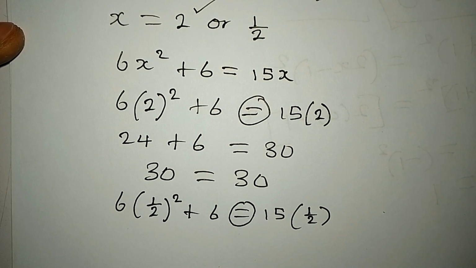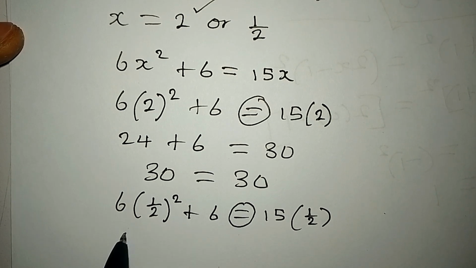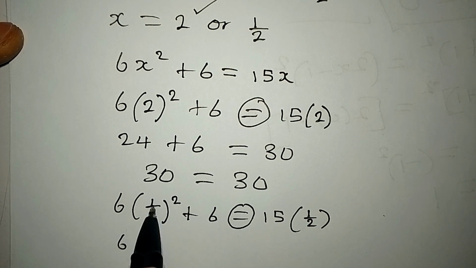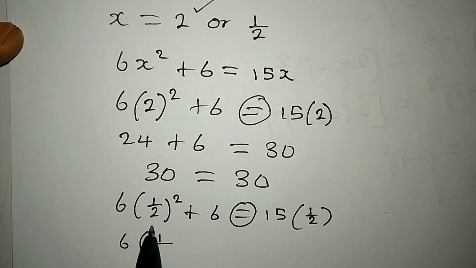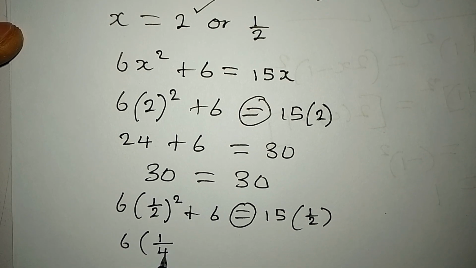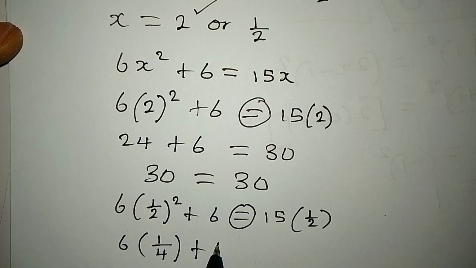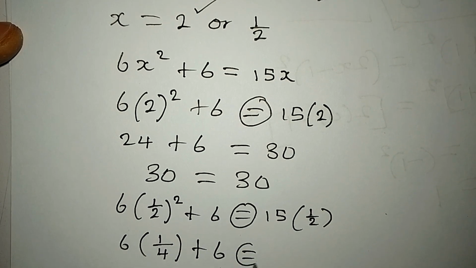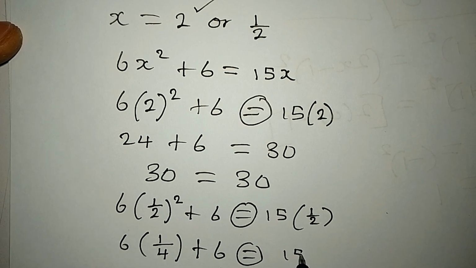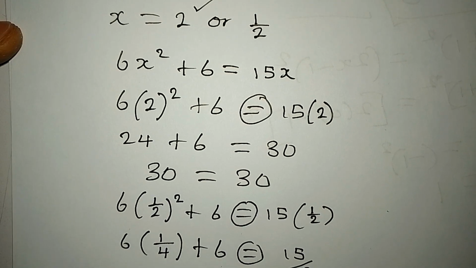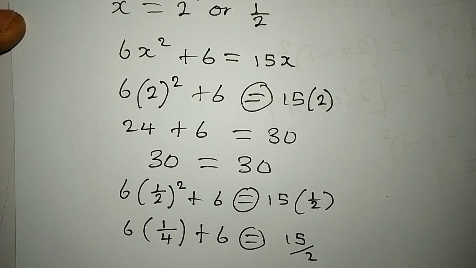Now, let's continue. From here, we have 6 multiplied by 1 over 2 squared, which is 4. Then we have plus 6. On the other side, we are having 15 over 2. That is 15 multiplied by 1 over 2, right?